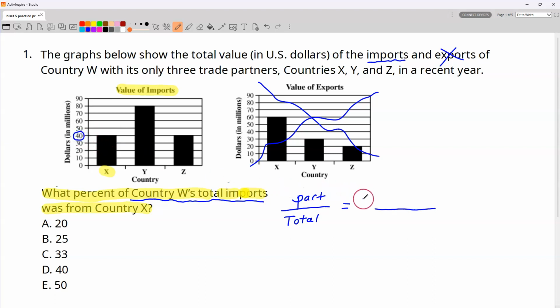So X is 40. I'm doing the total. Plus Y, which would be 80 right here. It's really 80 million. I'm just going to write the 80. That's fine. That'll work. And then Z is here. That is also 40 right here.